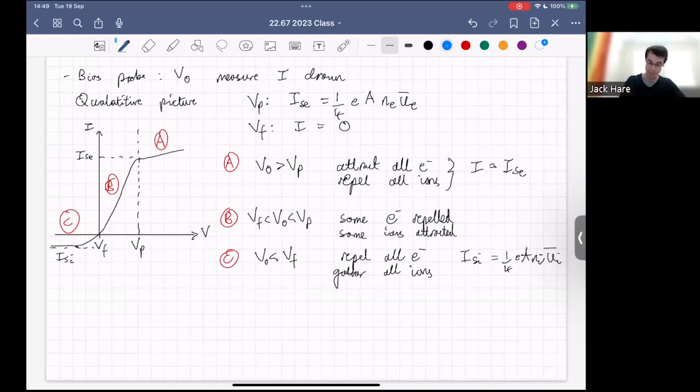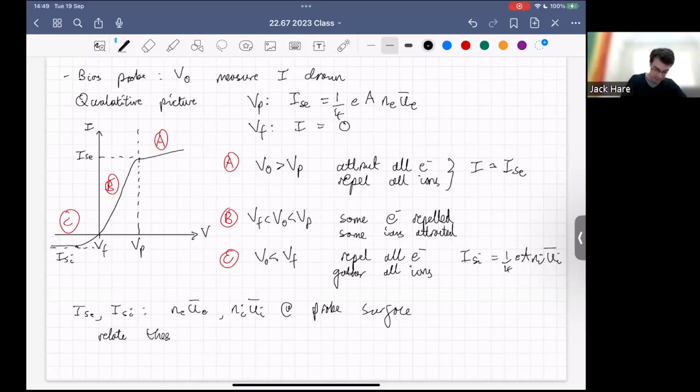Now, the problem with this picture, and the reason why we can't be more quantitative, is that at the moment, all of our solutions, so I_se and I_si, they're functions of things like n_e, u_e, and n_i, u_i, right? And they're functions of these at the probe surface. So that's not particularly useful, because what we'd like to do is relate these quantities to the parameters inside the plasma, things like the density and the temperature and things like that. And so these measurements of the properties of the plasma right at the probe surface aren't particularly useful.